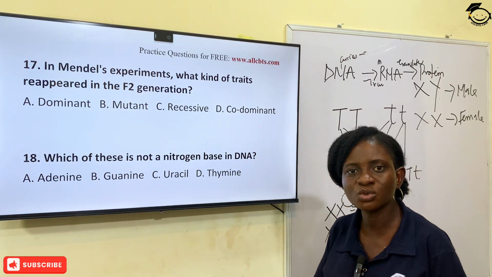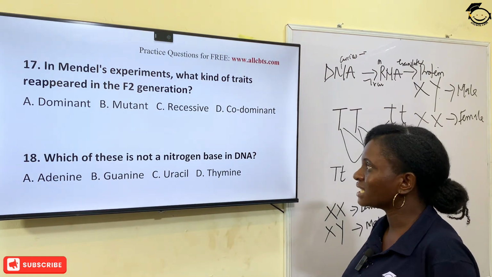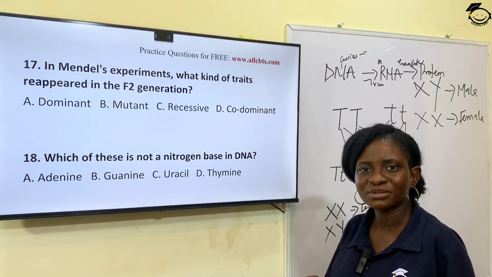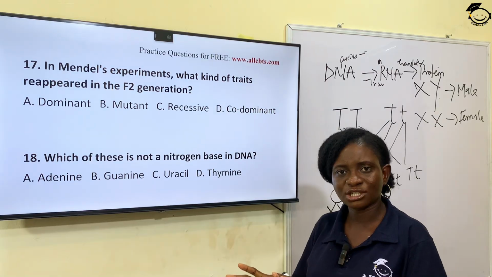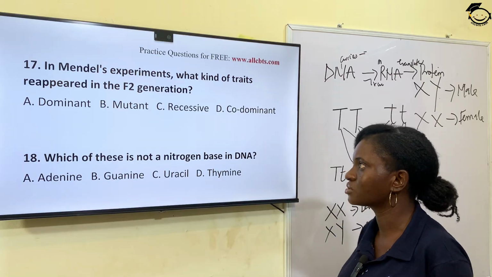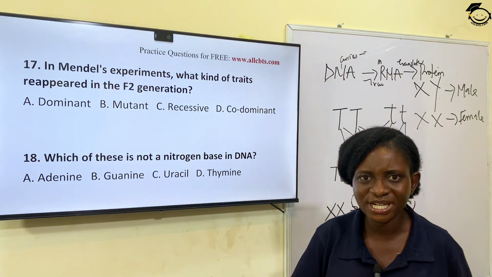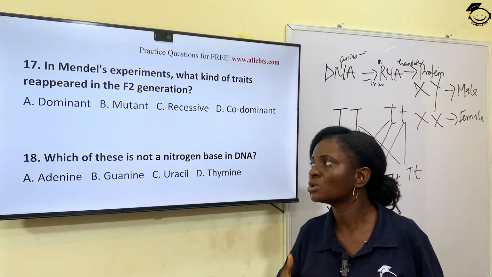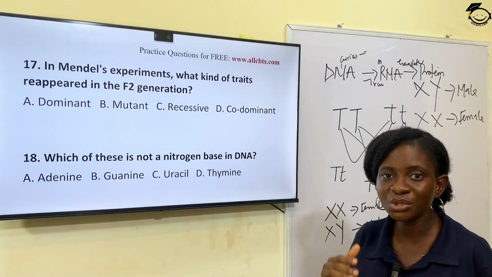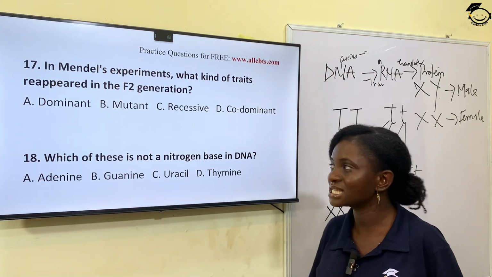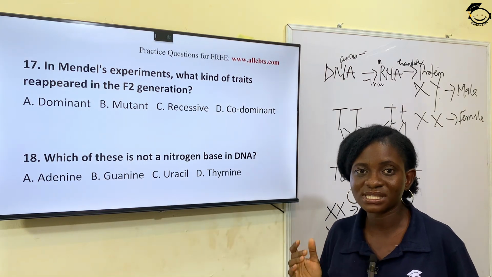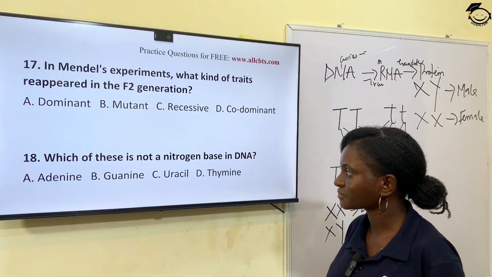But in the F2 generation, when the F1 generation was crossed, we see that some plants are short. That means the recessive gene is coming into play. So what kind of traits reappeared in the F2 generation? A, dominant? B, mutant? C, recessive? D, codominant? The correct answer is recessive, option C.